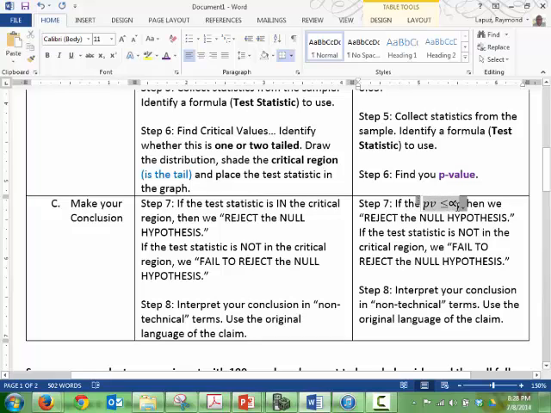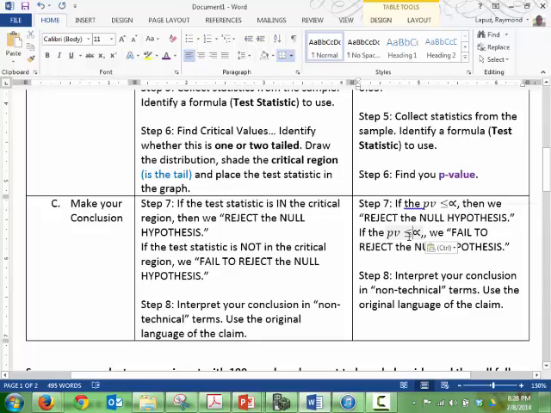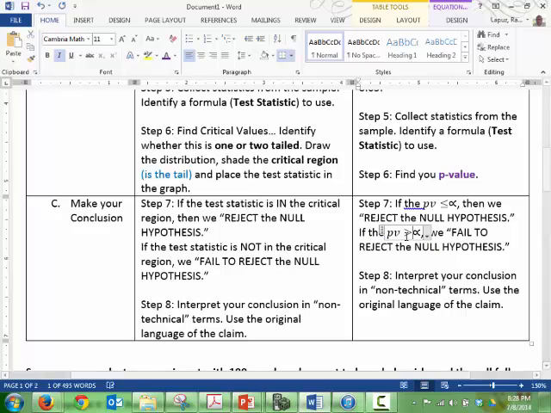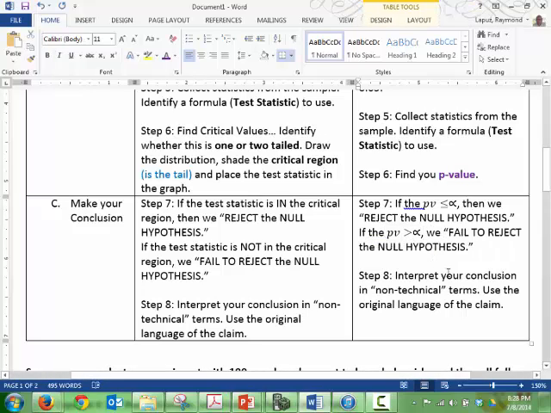If the p-value is strictly greater than alpha, then we fail to reject the null hypothesis.